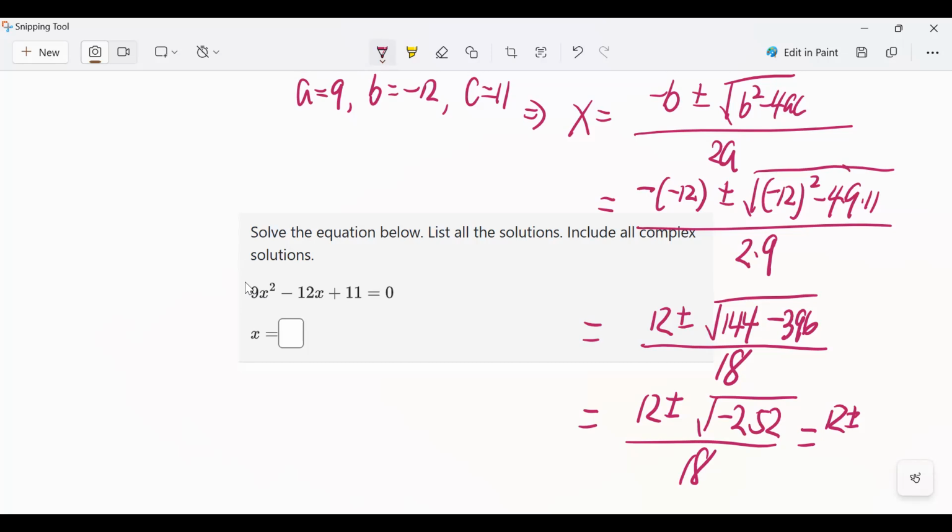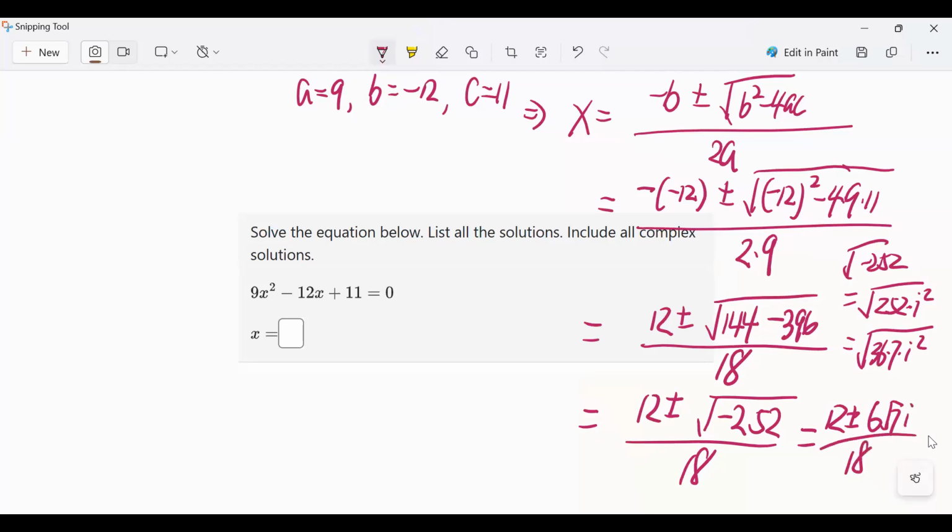So we're going to bring down 252 as 36 times 7 times i squared. So this is 6 radical 7i over 18. Now if we simplify, reducing every one of the numbers by 6, we end up with x equals 2 plus minus radical 7i over 3.